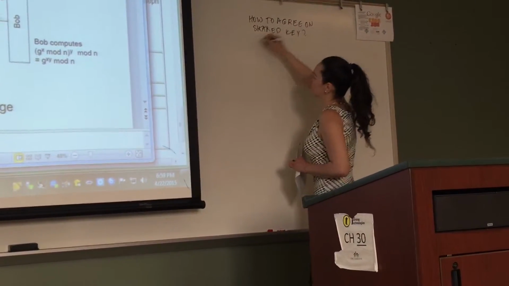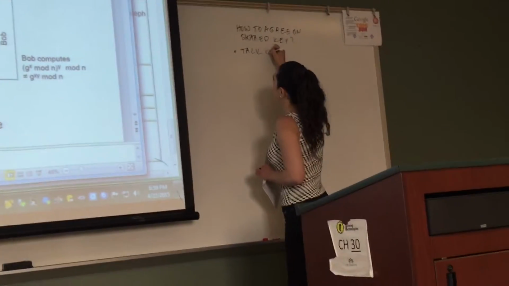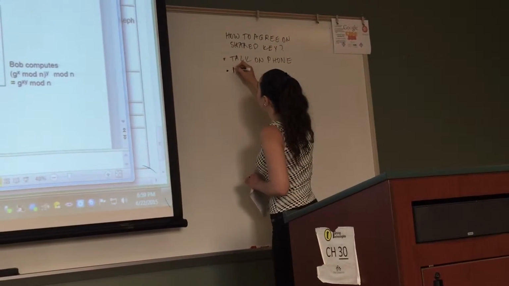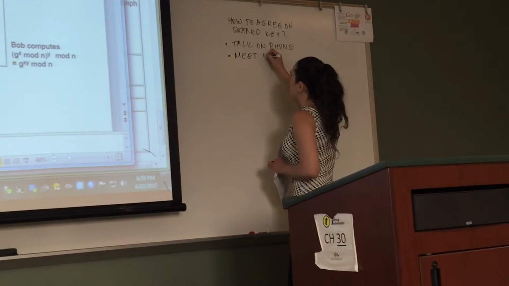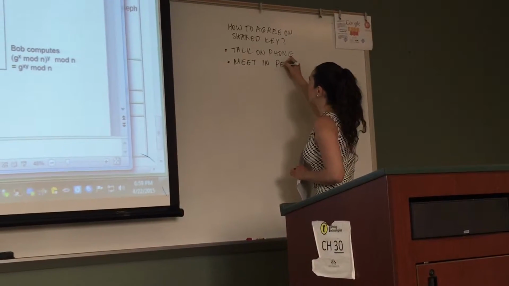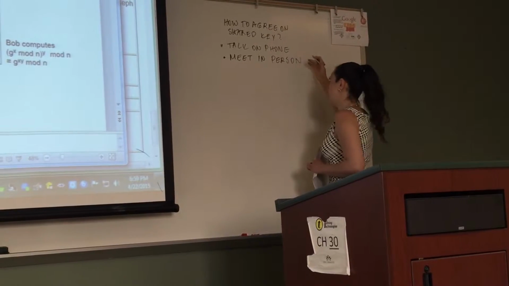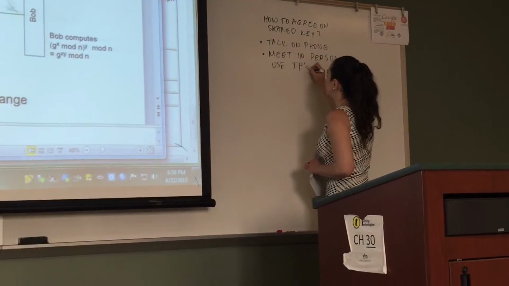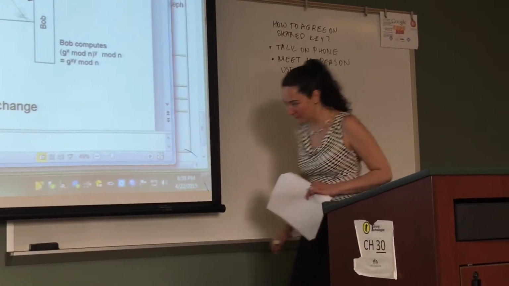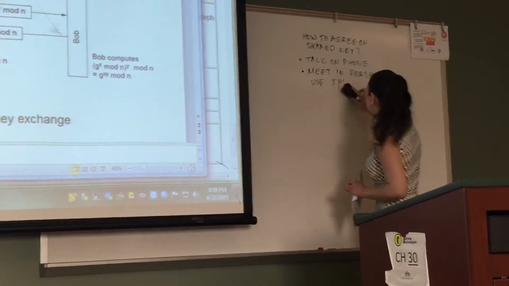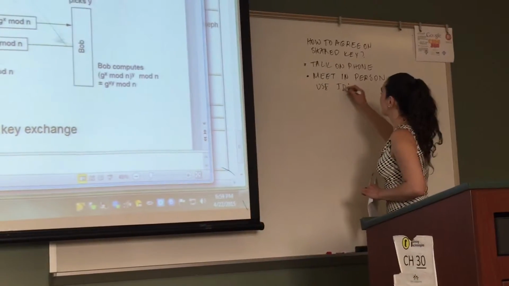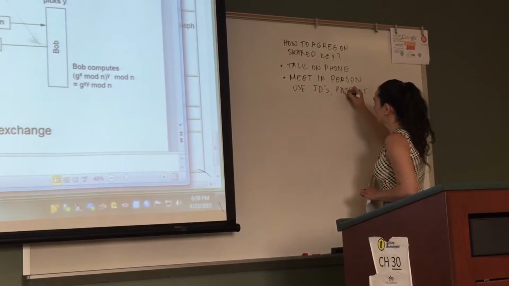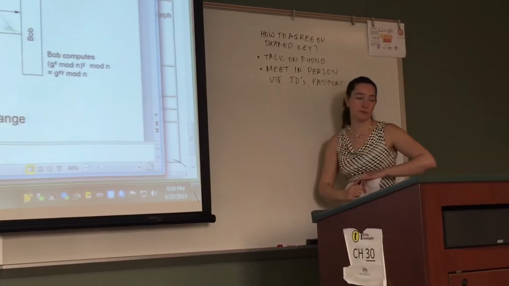Another way is to meet in person, maybe, to avoid the network, and show each other's passports and driver's licenses to verify that this really is the person that we're talking to, and then agree on a key. But if this is to be done through a network, what can we do?